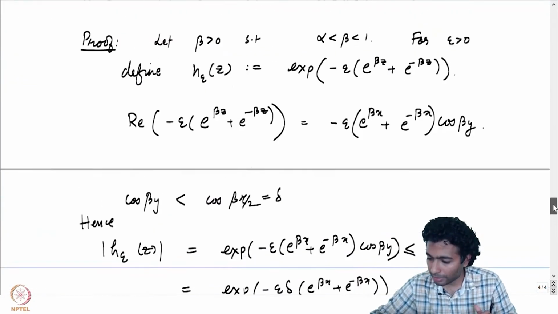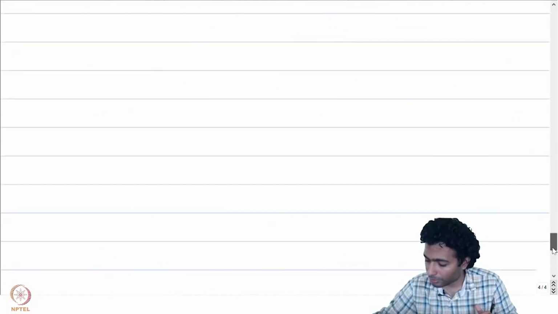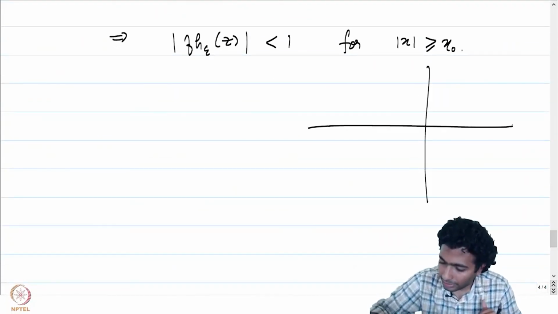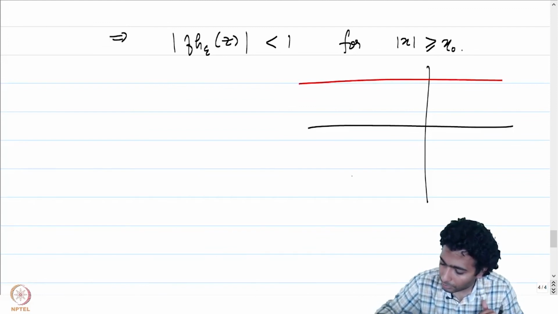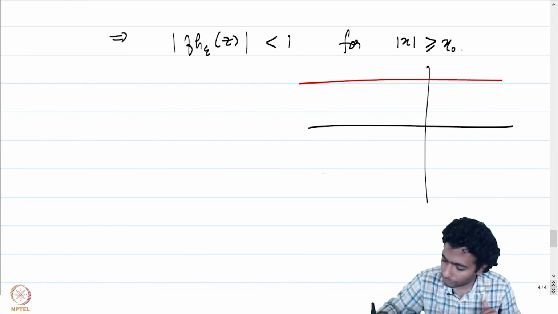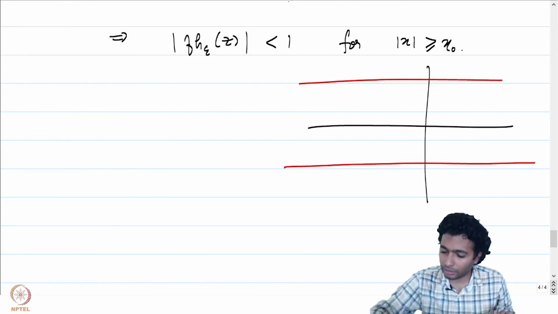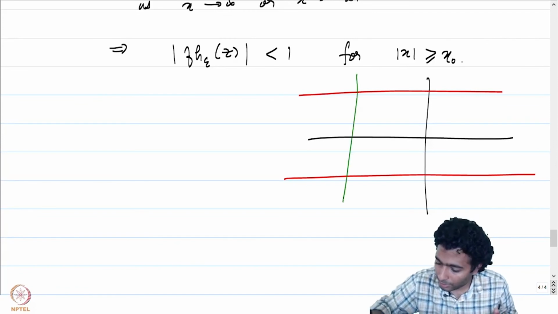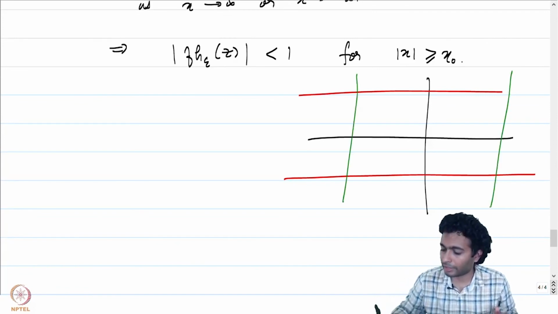So notice what has happened here. Maybe I should draw the picture again. The picture is now going to be exactly like this. There is plus pi by 2, there is minus pi by 2, and the dark green line is going to be mod x greater than or equal to x naught.